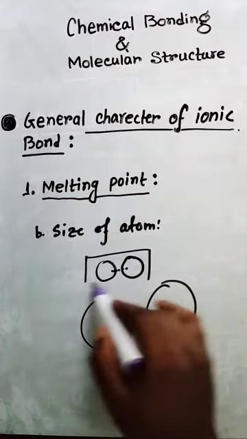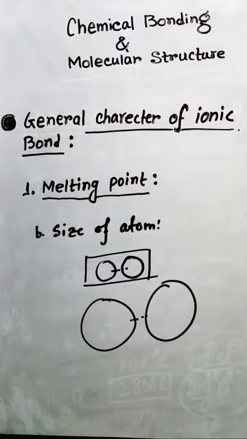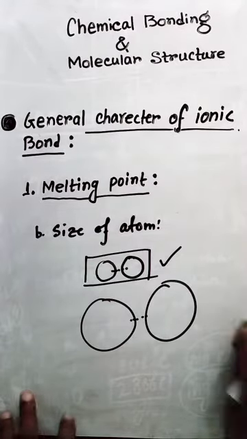So if the cation and anion have smaller size, then there is strong attraction force compared to a large cation and large anion. So the ionic bond for smaller cation and anion is stronger, and the melting point of the smaller cation and smaller anion is also greater than for larger cation and anion.